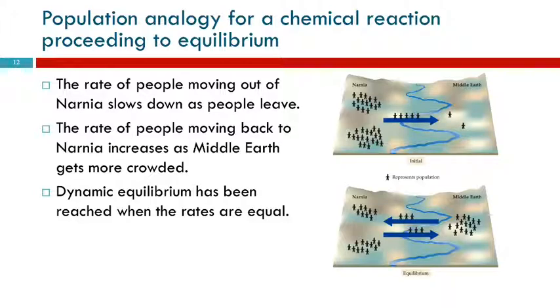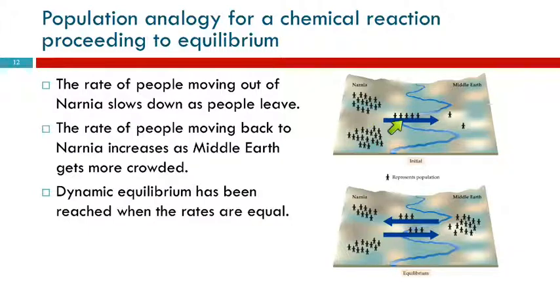So here's an analogy. Here we have Narnia on one side of the river and Middle-earth on the other side of the river. And initially, the population in Narnia is very high, and there's very few people in Middle-earth. So it's really crowded over here. It's kind of hard to make a living. Farmland is very expensive. So people look across the river and they're like, hey, there's land free for the taking over there, right?